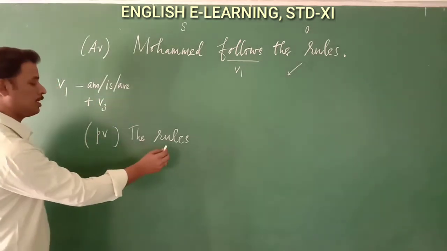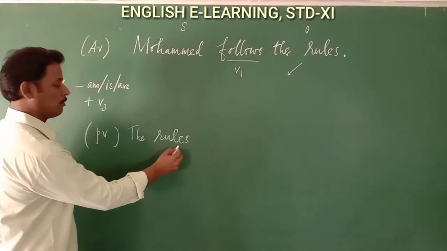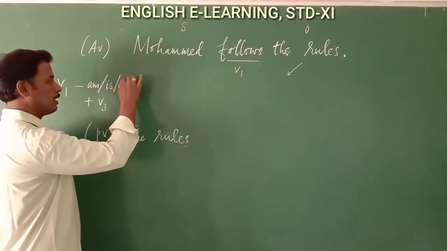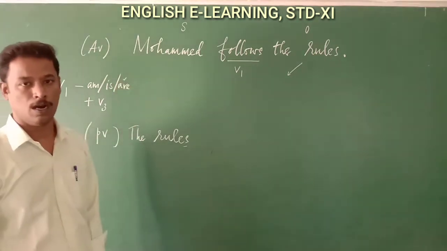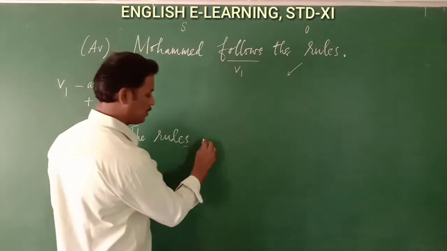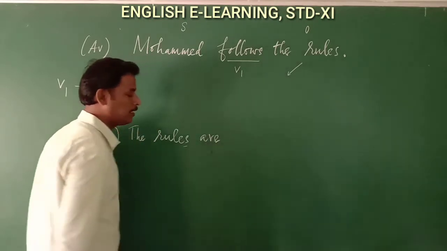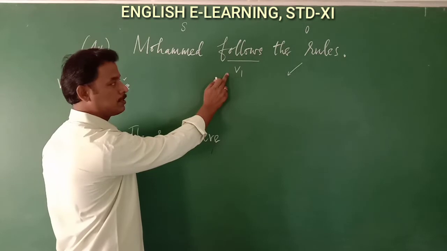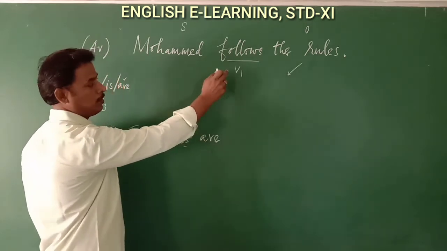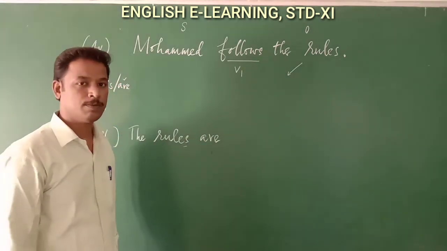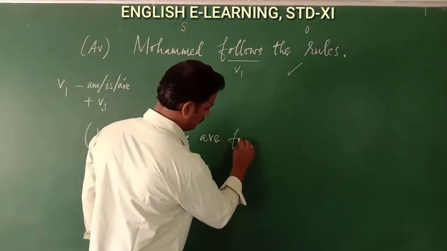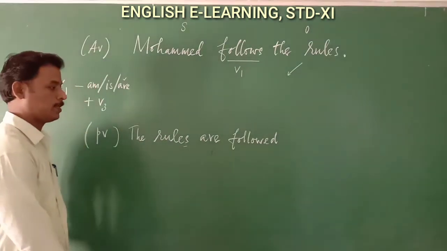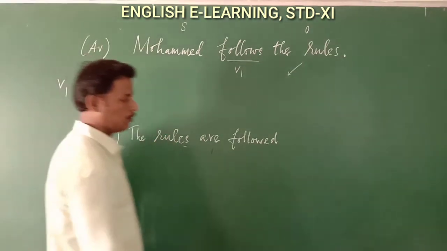Okay. The subject is in plural. Rules, it is in plural form. So, you have to select the auxiliary are. The rules are. Next thing, we have to add the verb 3 of this main verb. So, what is the third form of that verb? Followed. So now read it. The rules are followed.